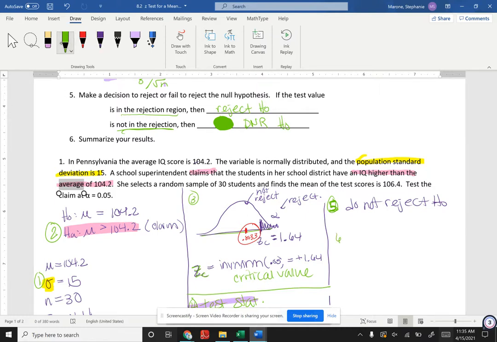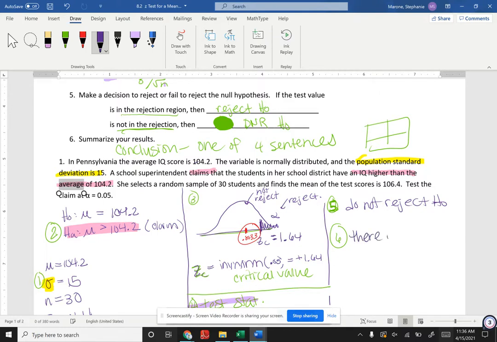And then the sixth step is to summarize your results, which is the conclusion, which is one of the 4 sentences from that table. You can look back at that table, and the sentence always starts off with there is or there is not enough evidence.